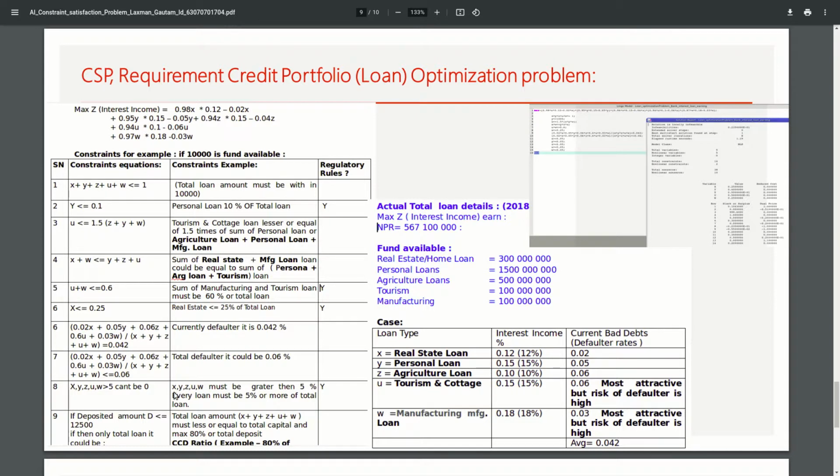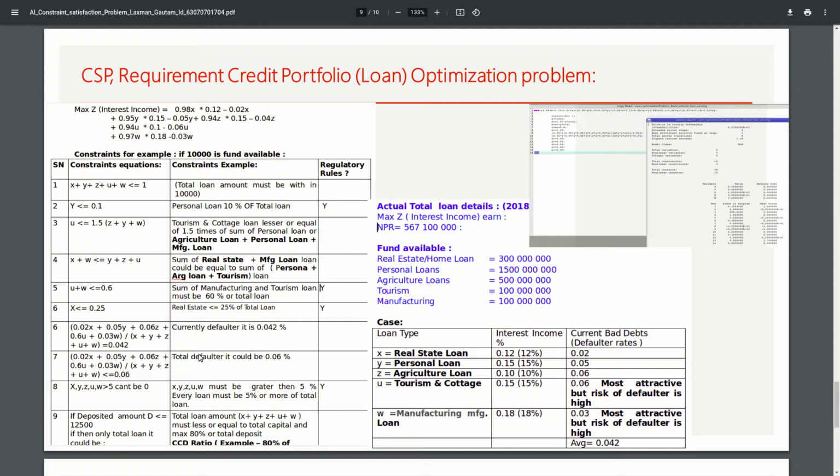So the biggest constraint here is the bank cannot say I will not invest in some sector, like the tourism sector, because it has a high default rate. There is a minimum requirement that every category or every sector of loan must be minimum 5% of their total loan funded amount. So these are the set of constraints. Now we can see we have 5 variables and there are 9 constraints.